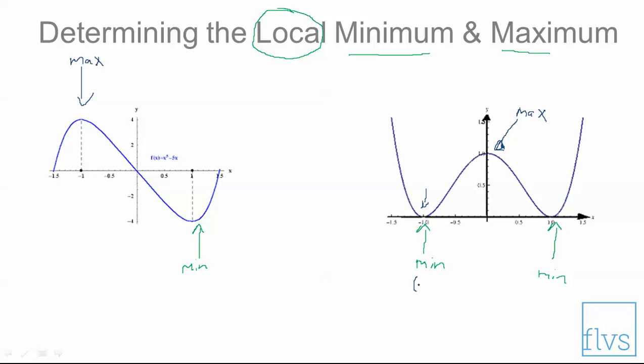So this ordered pair, this minimum here, is (-1, 0). I'm just using the information from the graph right here. This guy over here is (1, 0). And then the maximum here, my x is 0, my y is 1.